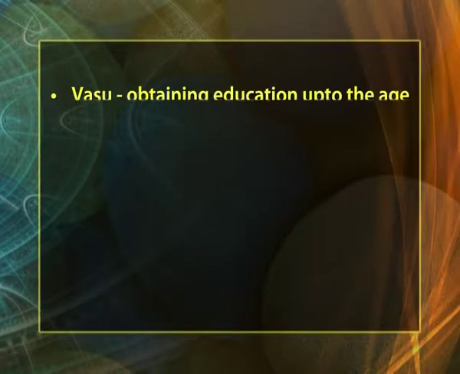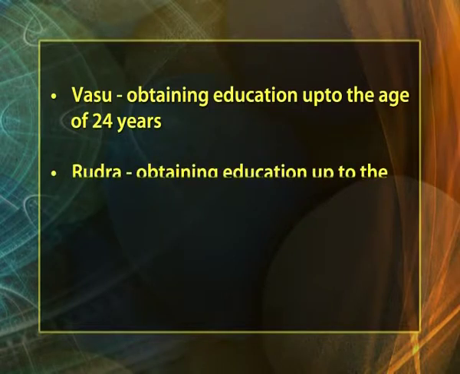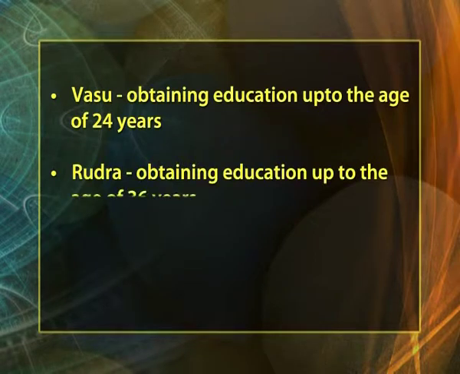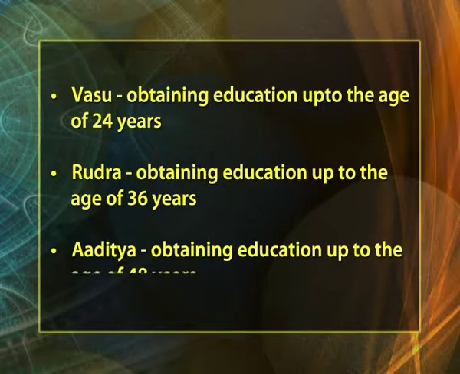First, those obtaining education up to the age of 24 years, they were called Vasu. Second, those obtaining education up to the age of 36 years would be called Rudra. And third, those obtaining education up to the age of 48 years would be called Aditya.